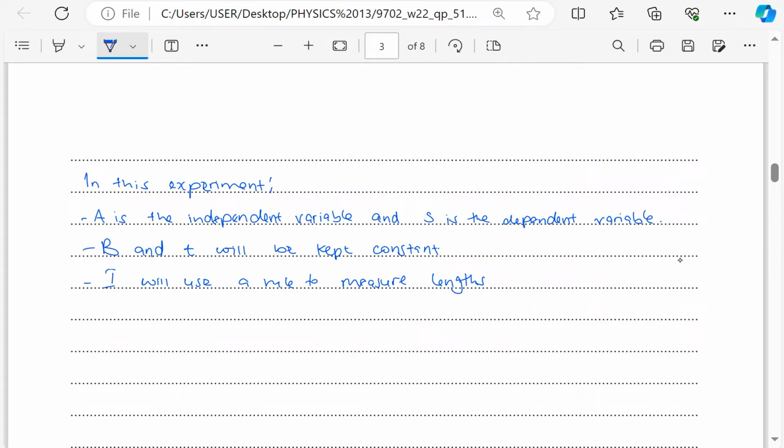I will use a ruler to measure the lengths of the sheet to determine the area, A, and A is equal to length times breadth or times width, whatever.